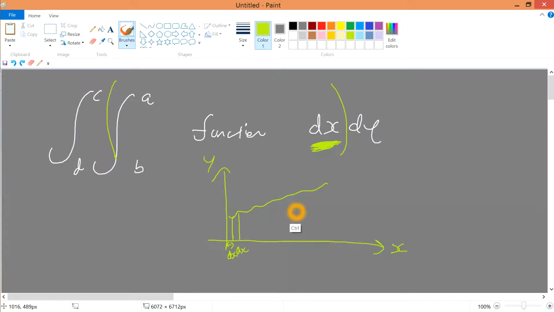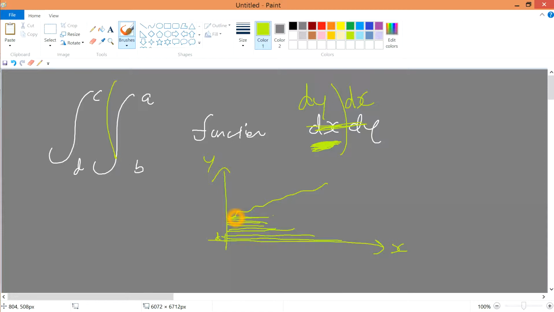So if instead of dx, I now change it to dy dx, in this case I'm just keeping dy constant. So I'm just taking a slice of dy, another slice of dy, another slice of dy, and I'm just integrating like that.